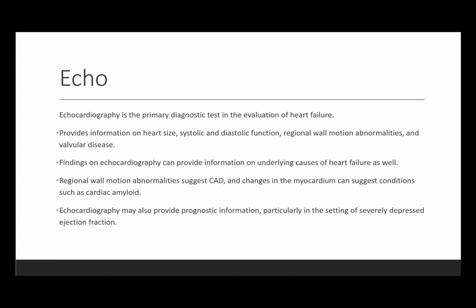Classic examples being ischemic, where you will have regional wall motion abnormalities, versus Takotsubo, where sometimes you'll have more of a global hypokinesis. It is how I like to think of the echo: it's the test that tells you what to really ask the cardiologist, if that makes any sense.